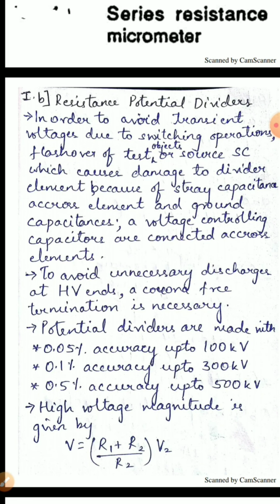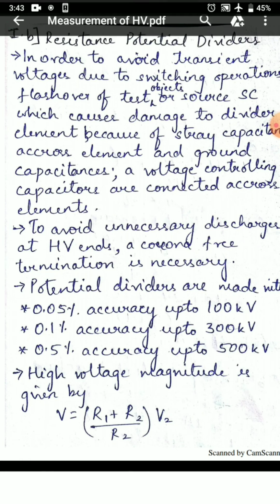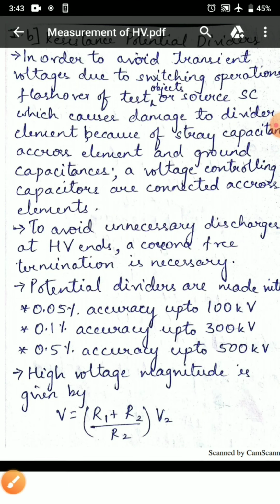Let us go through the second type of DC voltage measuring equipment, that is resistance potential divider.